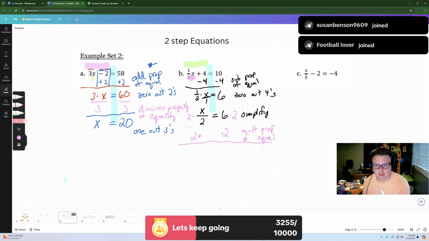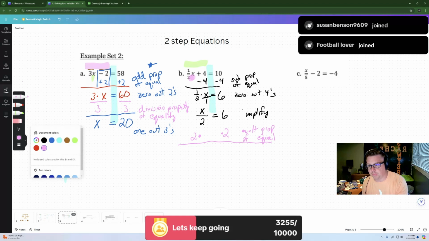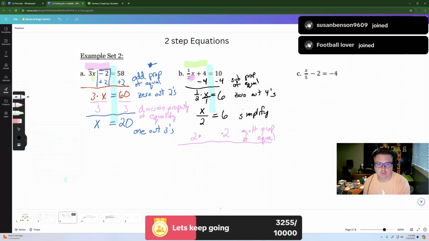And then I could shift these over here. When we multiply both sides by 2, this is going to 1 out our 2's so that we're left with x equals, and we should get 12. And that's going to balance our scale out on both sides.